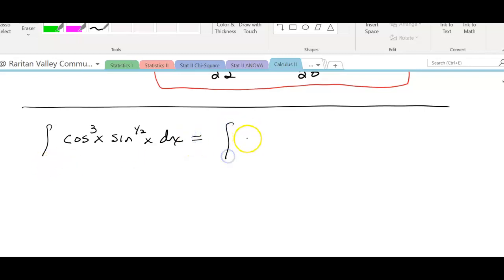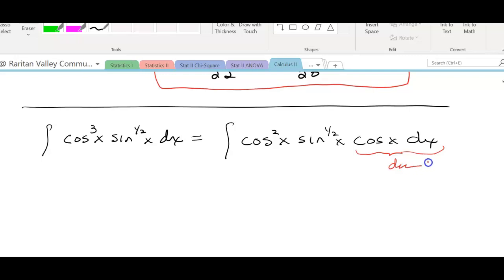If I break up cosine and make it cosine squared x times my sine, I need to have another cosine, right? So what we kind of say is, hey, wait a minute, there's my du, right?